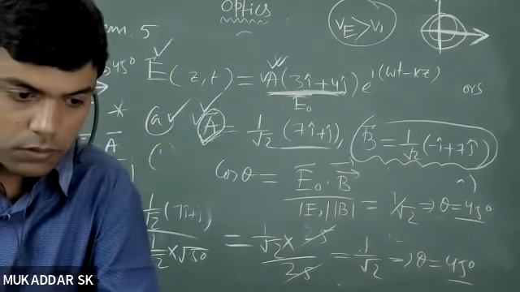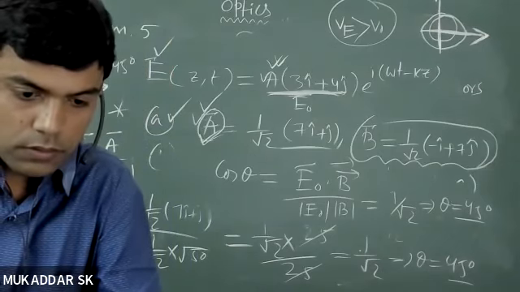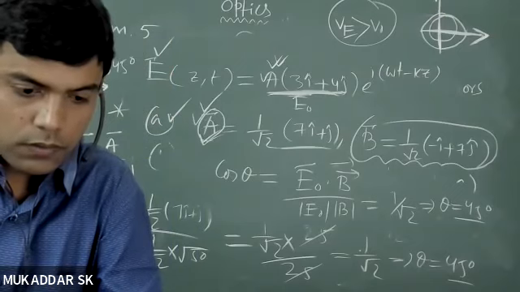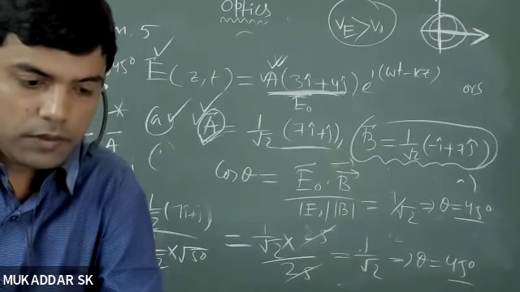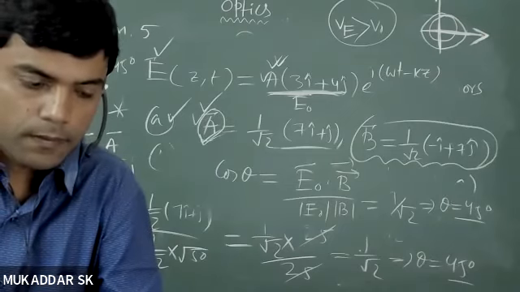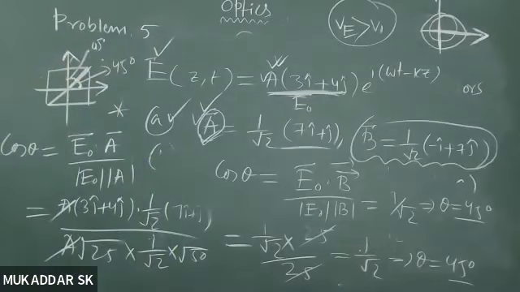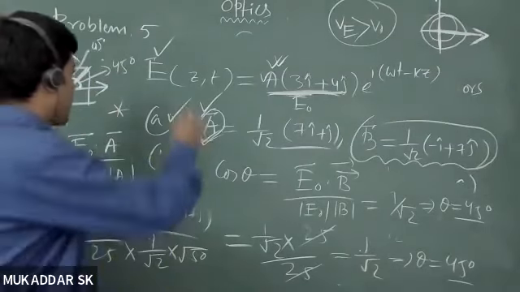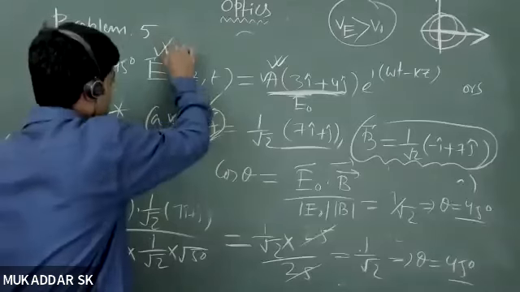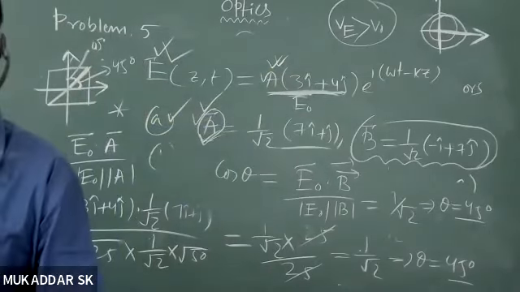If you have doubt, please tell me, because this kind of question may be asked. Sir, can you please read out how it was given in the paper? I will repeat. Suppose a ray of light having this electric field E is incident on a quarter wave plate.